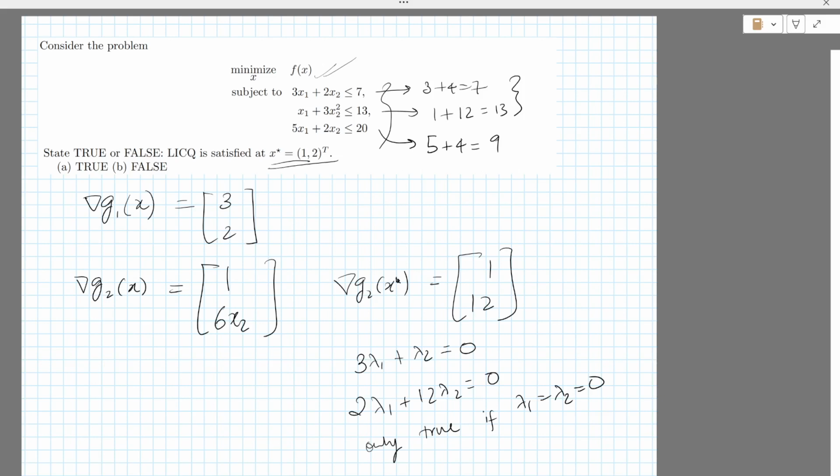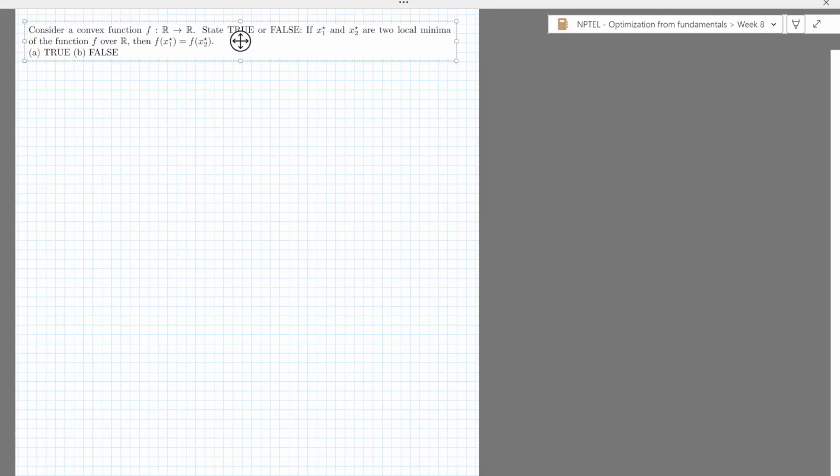Okay. So LICQ is satisfied. They are linearly independent. Go to the next question.